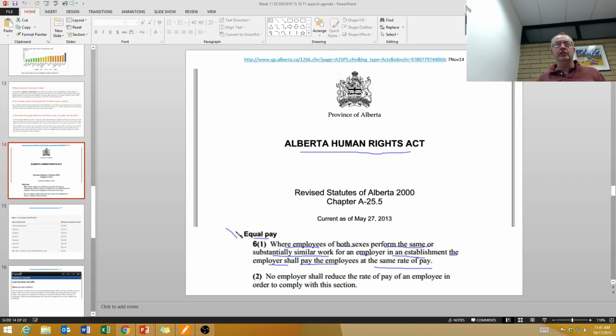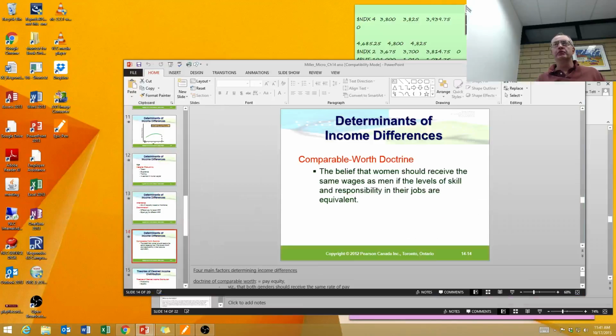This is the employment or pay equity provision incorporated into the Human Rights Act of Alberta. And of course, other jurisdictions across Canada have similar forms of legislation. Okay.